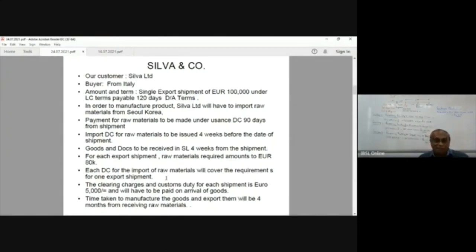Now tell me, this import of raw materials, whether every month they have to import or not. But you can get the feedback from some other sentence where the requirement is given. What is that?